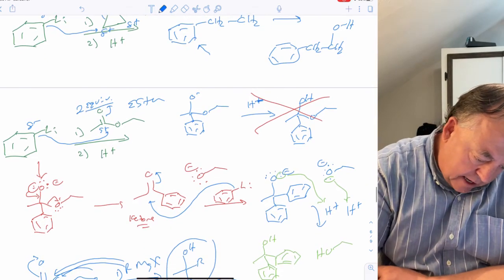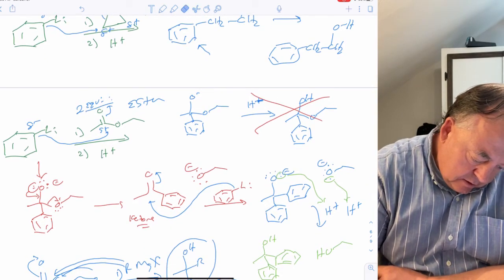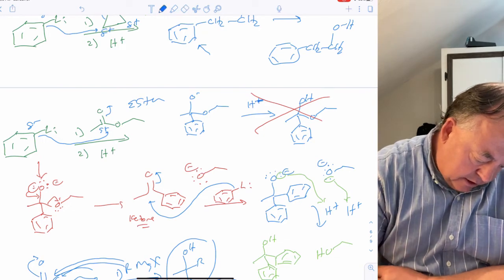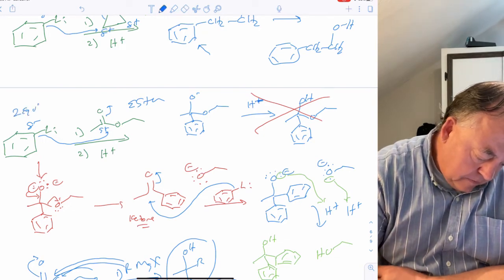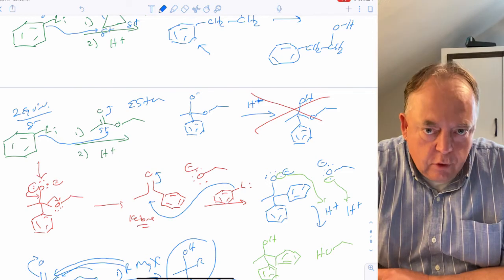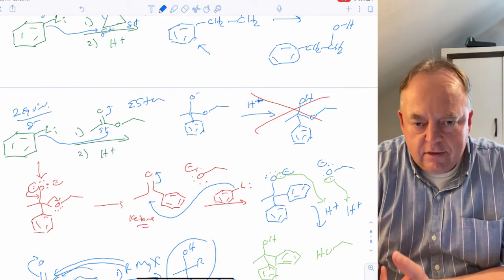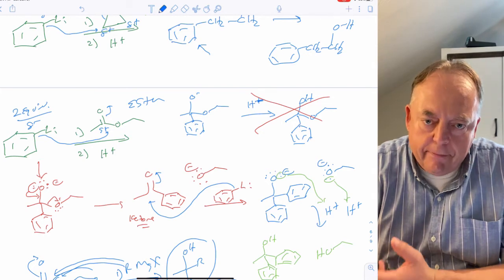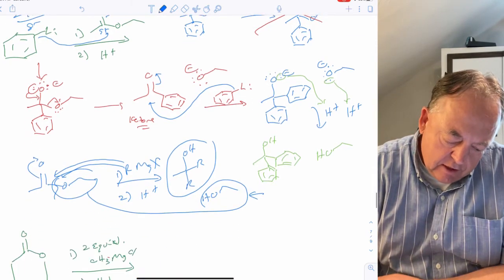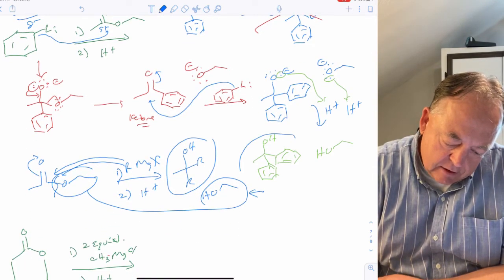Organic chemists are notorious for not balancing chemical equations. It's just understood. You understand what's going to happen when these two things react with each other, so that you can predict that that's your major product.